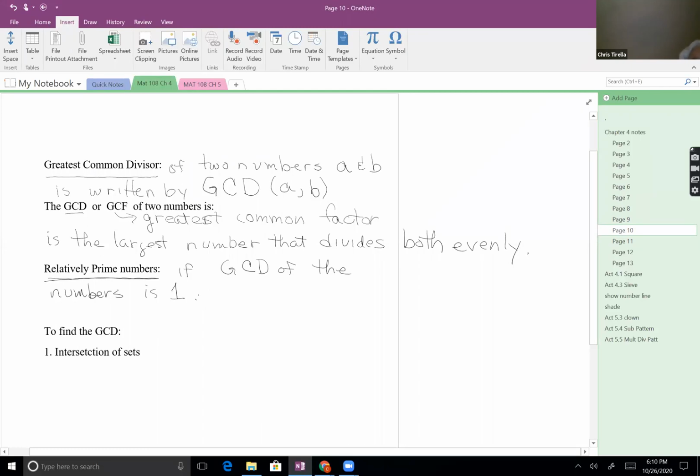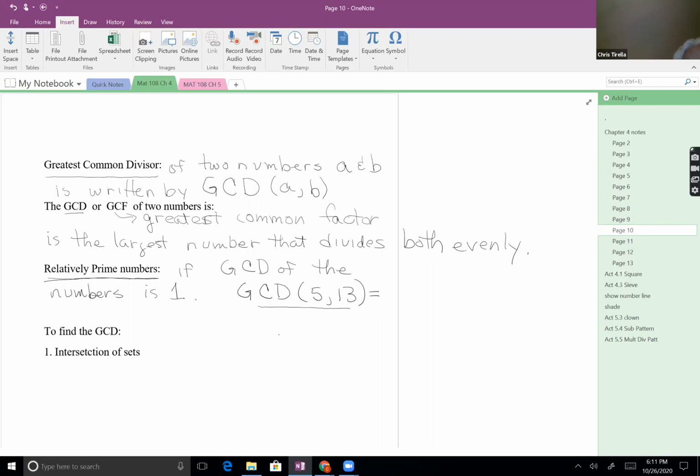So for example, if I look for the greatest common divisor of 5 and 13, this is asking, is there a number that divides both 5 and 13 evenly?